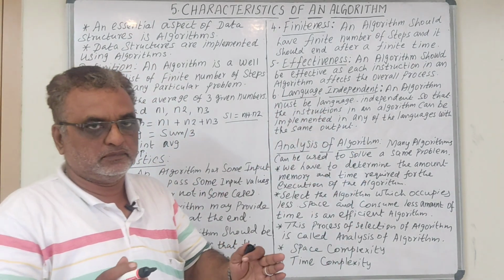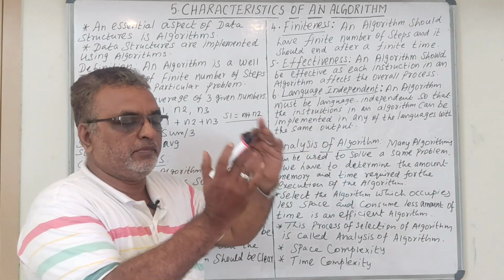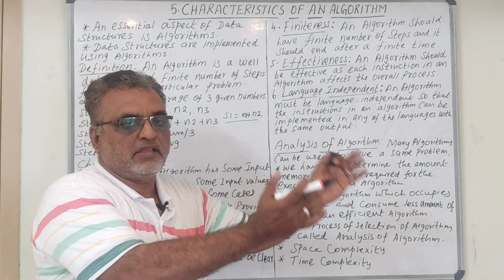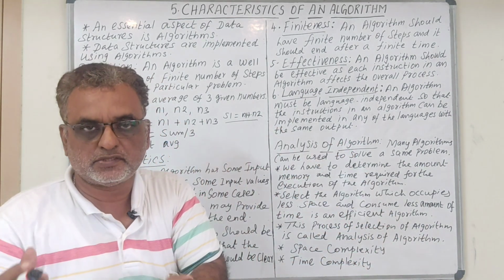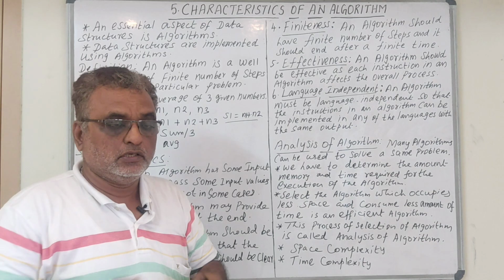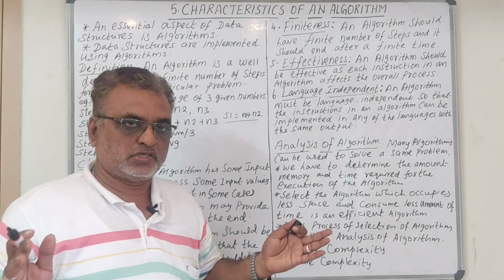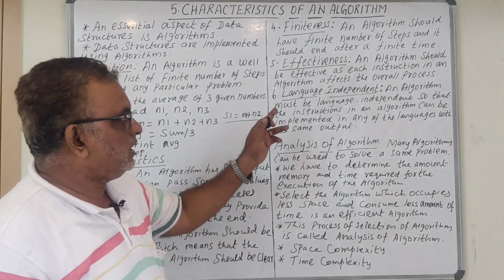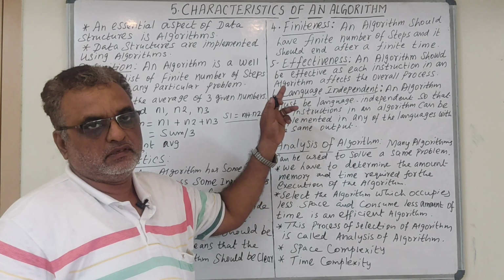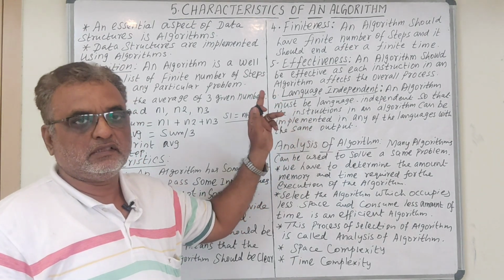That is more important. Whether you are implementing this algorithm in C language or C++ or Java, it should deliver the same outputs. So language independence is another important characteristic.